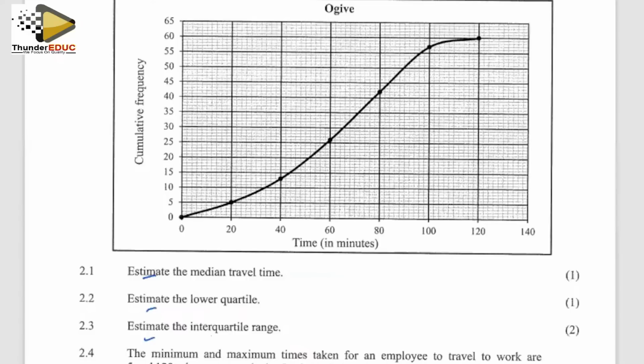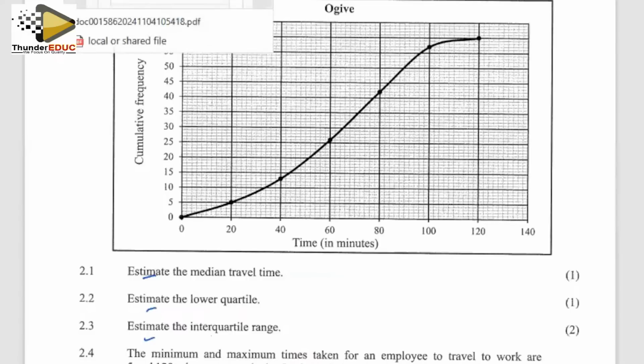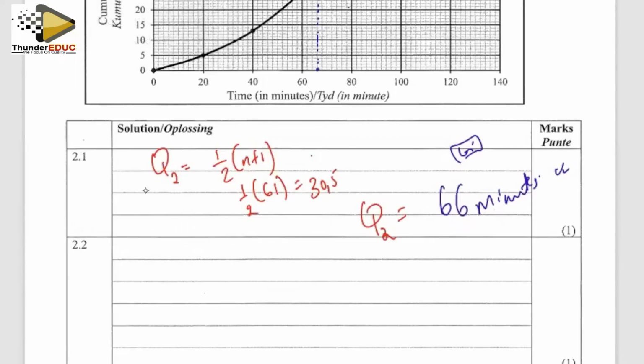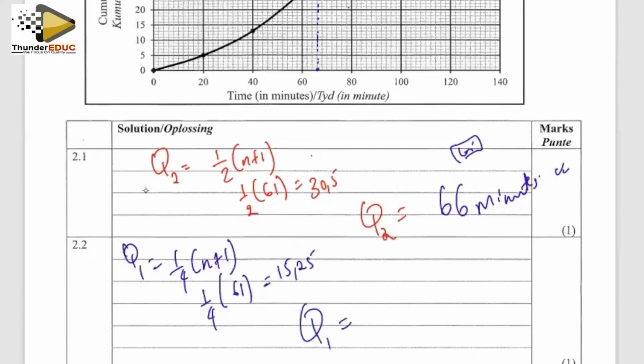Then estimate the lower quartile, that is the Q1. With the Q1, we know that it's going to be a quarter of n plus 1. So that will be a quarter of 60 plus 1, which is 61, and that gives me 15,25 as the position.